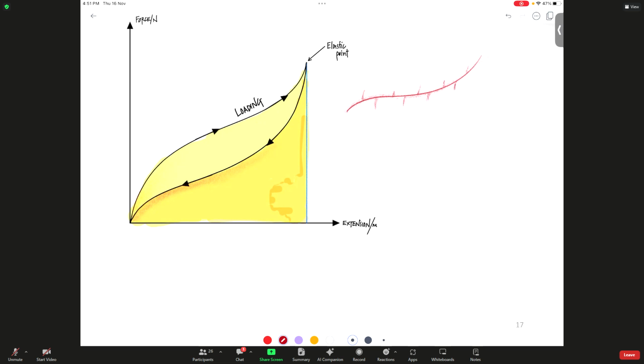The main branch. So the main branch always remains, but what breaks little by little every time? The sub bands. So the bonds that are here break down a little. Because of that, the main chain is the length of the material. So is my length of the material changing? Because the main chain is not affected, right? Since the main chain is not affected, I get back the same length.